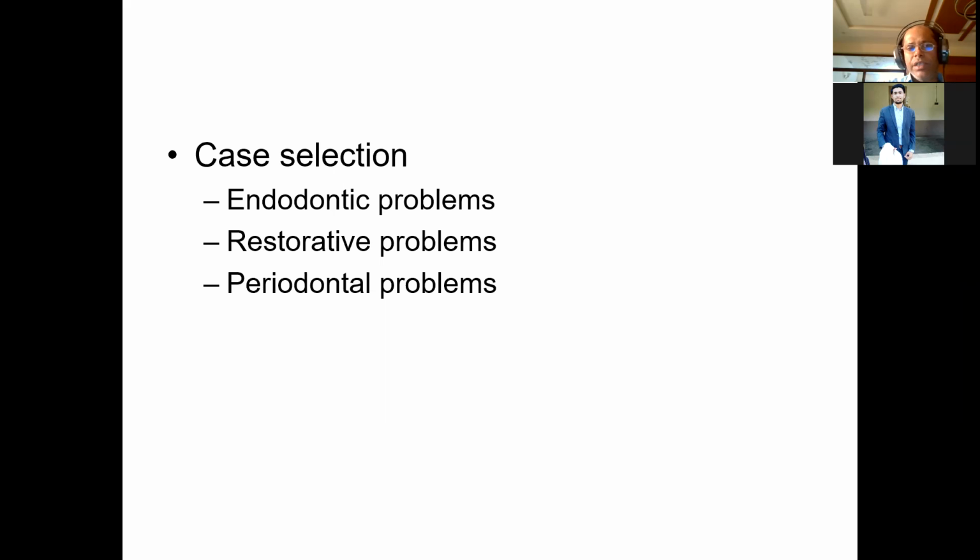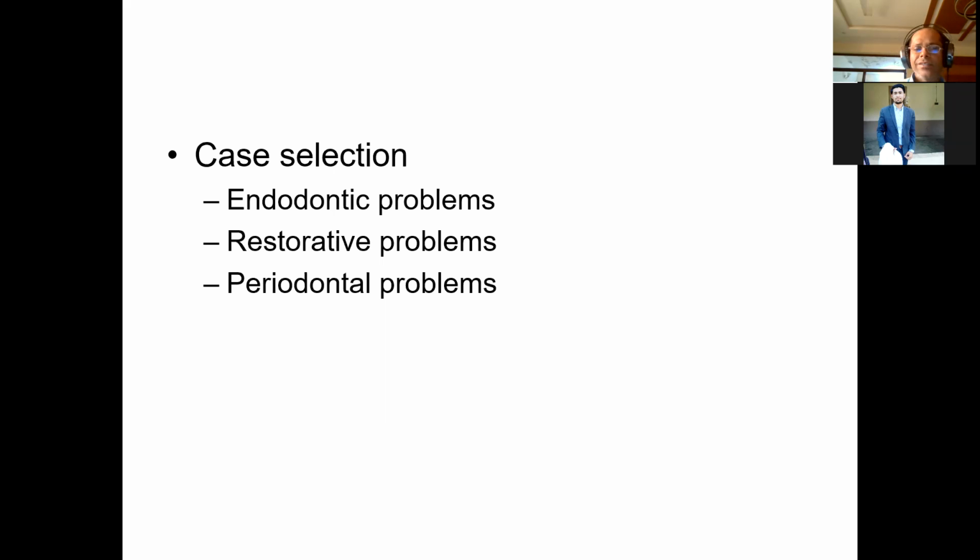So even if the roots are there, what we call BDRs, broken down roots, you can do the root canal treatment on that root, but the tooth cannot be restored. So that tooth should be extracted. So restorability should be checked before doing the endodontic treatment, whether the tooth is restorable or not restorable.